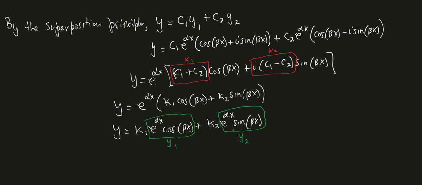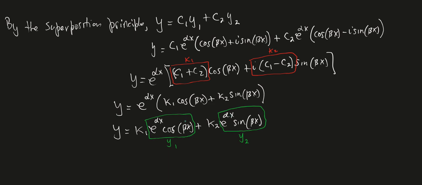So it's not until I actually apply the superposition principle and the expressions that we derived above that I can identify, in the case where I have these complex conjugate roots, this as one function and this as a linearly independent function.